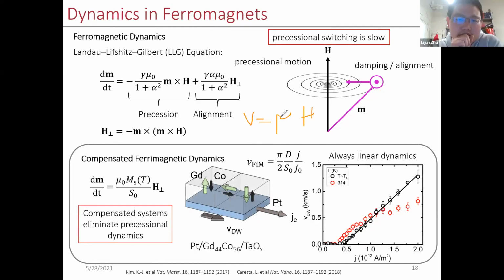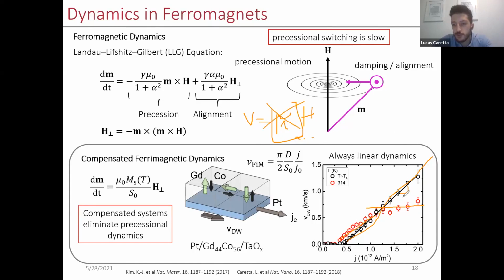And this mobility is a function of damping and some other things. So that domain wall mobility is essentially the slope here, right? Now, in a compensated system, it's always linear. In a non-compensated system, so a ferromagnet, you have a linear regime, but you also have a plateau regime. And this plateau regime has nothing to do with this mobility. It actually has to do with the stiffness of the domain wall.